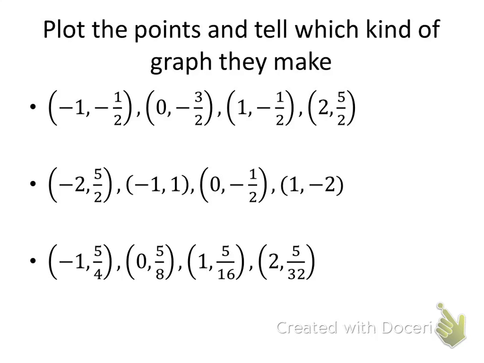All right, so let's do our graphs. Now I've got (-1, -1/2), (0, -3/2), (1, -1/2), and (2, 5/2). Remember earlier when I told you we were going to have to deal with fractions? Here they are again.